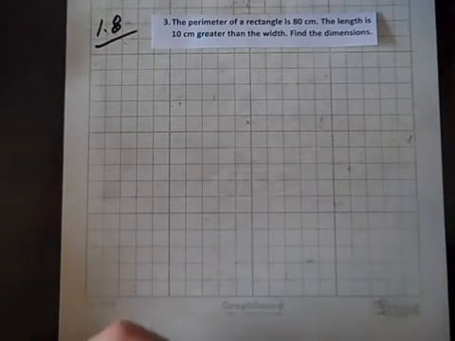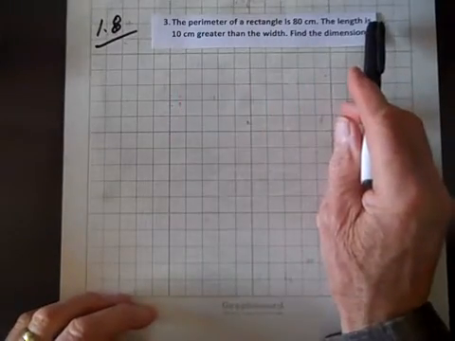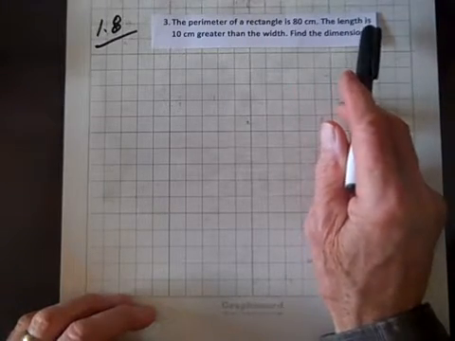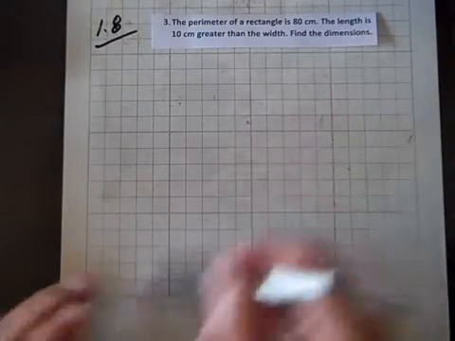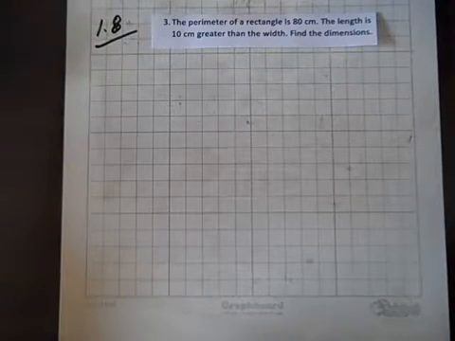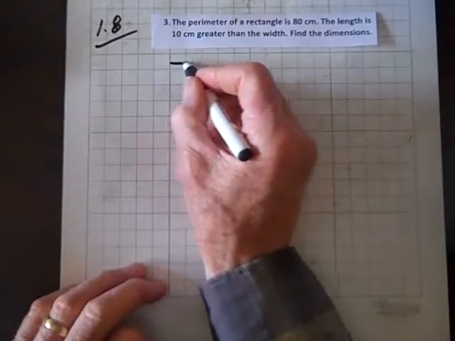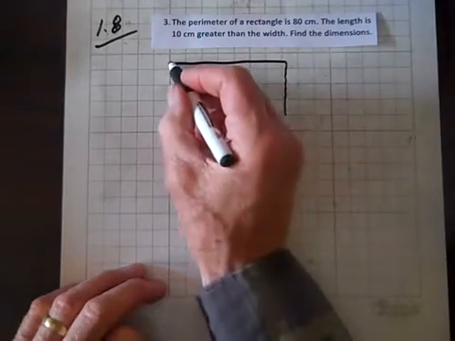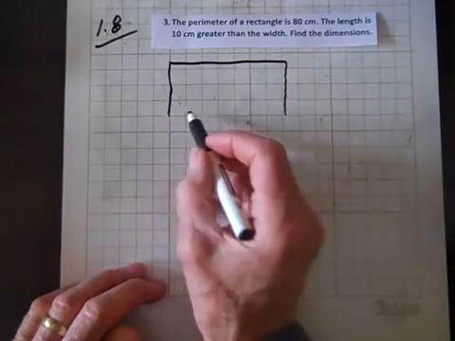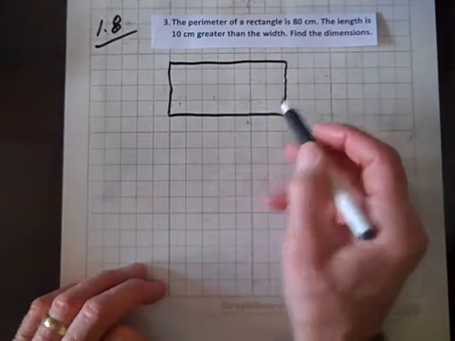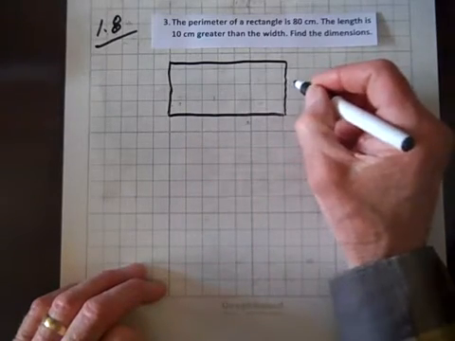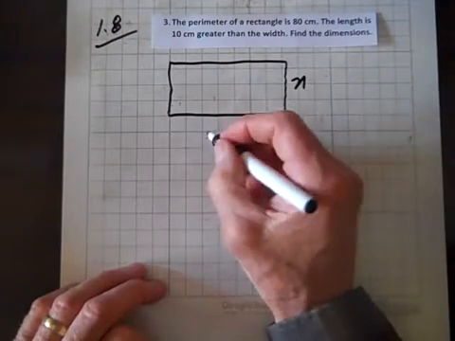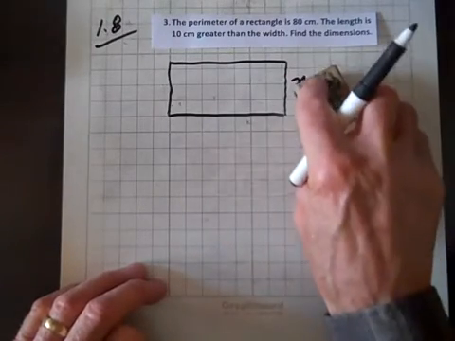So the perimeter of a rectangle is 80 centimeters, and the length is 10 greater than the width. Well, let's draw a rectangle. And perimeter, as you recall, is the distance around. So if this is n, the width, then this will be, in fact, let's call it w.